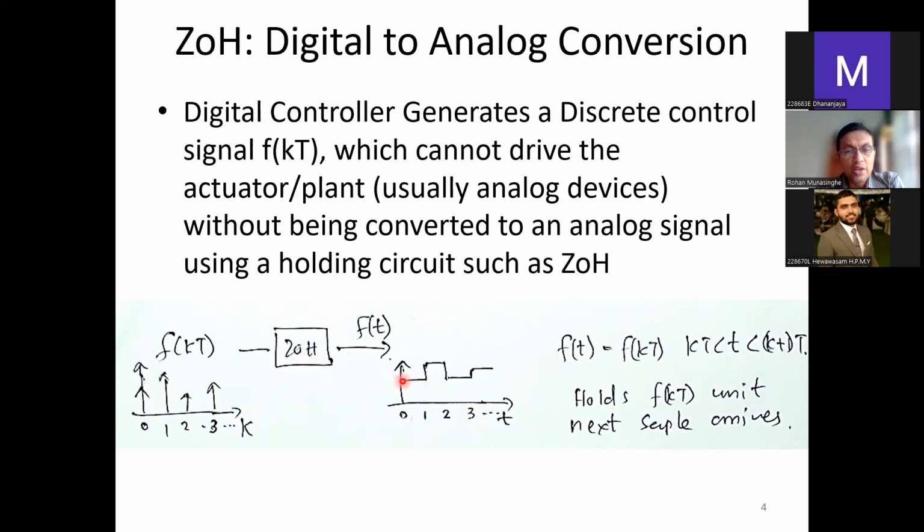Sample height is maintained for one sampling interval, and when you get the next one, you maintain that one. It goes like a staircase. Mathematically this is how we write it: f(t) equals f(kT), from kT to (k+1)T. The entire period, one sampling interval, the level is fixed, constant.